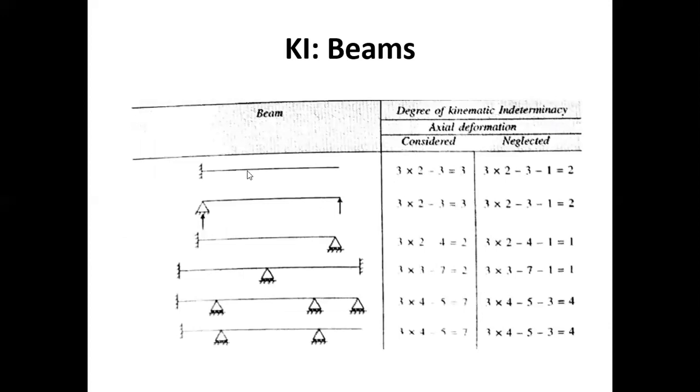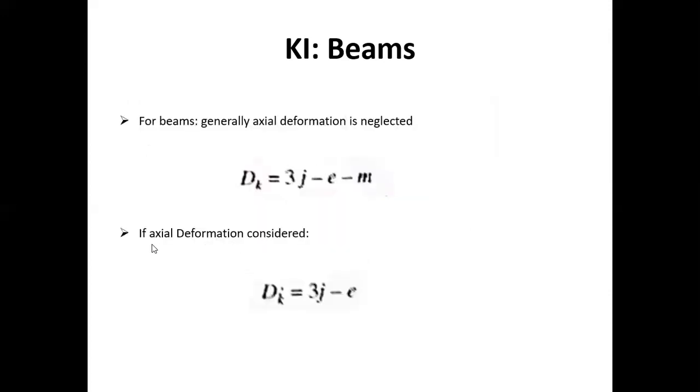This is a cantilever beam, and if axial deformation is considered, the formula is 3j minus r, or e. We just need to understand that the term e or r represents the number of internal reactions. So if axial deformation is considered, it is simply 3j minus e, and if it is neglected, then 3j minus e minus m.